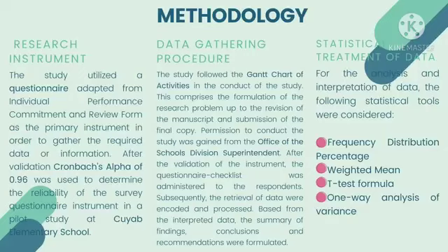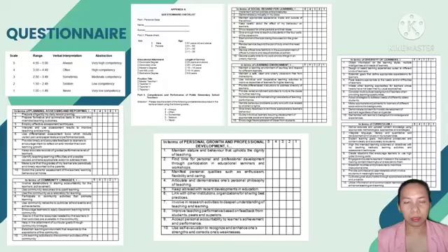For the analysis and interpretation of data, the following statistical tools were considered: frequency distribution, percentage, weighted mean, t-test formula, one-way analysis of variance. The questionnaire has two parts. Part 1 is about the personal data of the respondents in terms of age, sex, educational attainment, length of service, and position title.